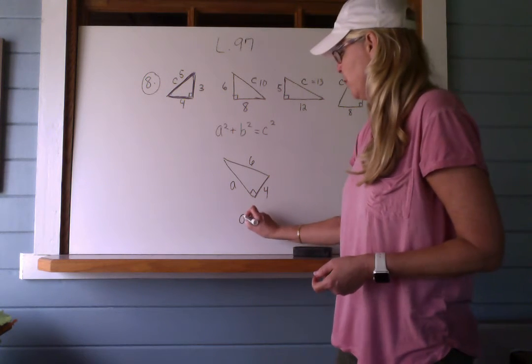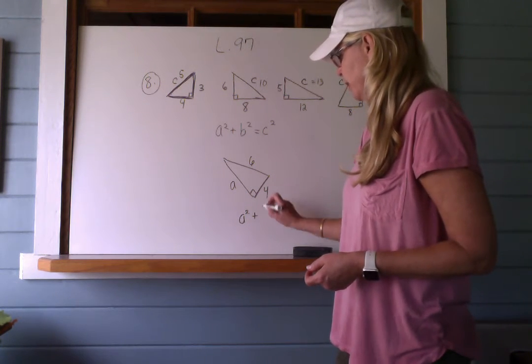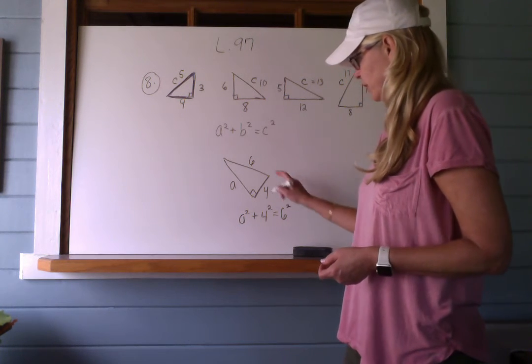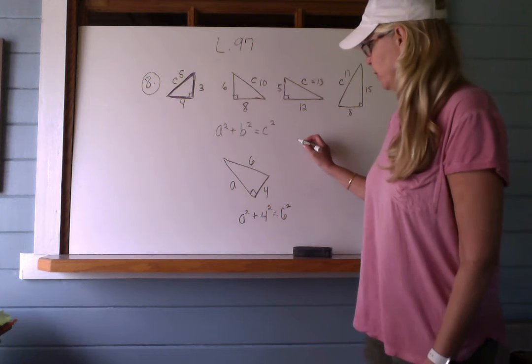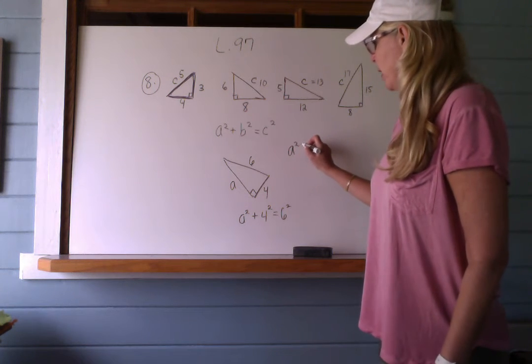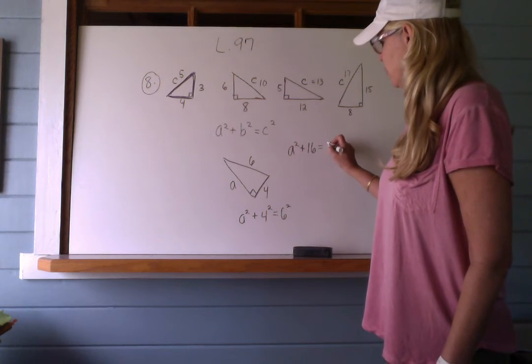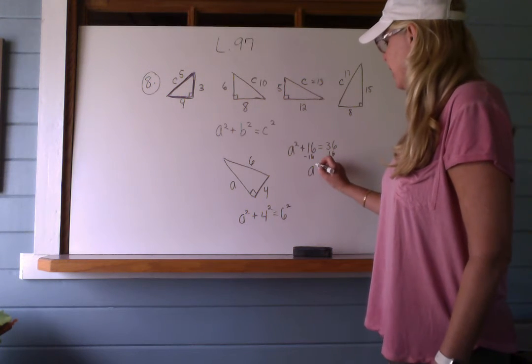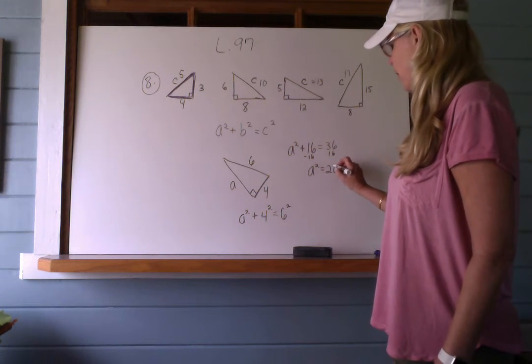So we don't know what A is. A squared plus 4 squared gives me 6 squared, because we know the C there. So A squared plus 16 equals 36. Subtract 16 from both sides. A squared equals 20.